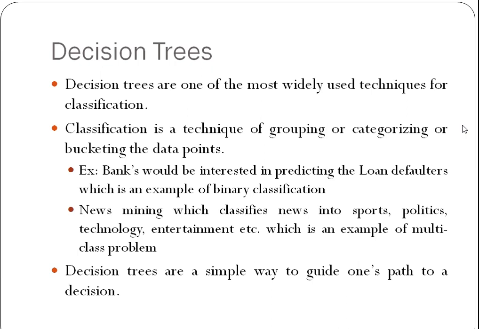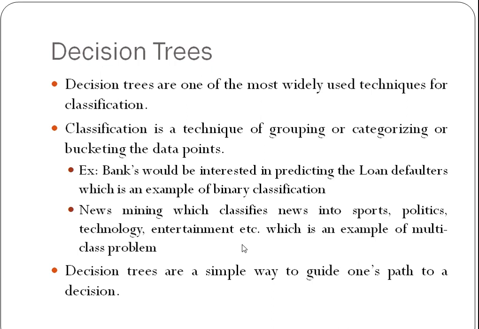Multi-class means you will group into different classes. For example, let's say you are doing news mining. You go through the different kinds of news and want to classify it as sports, politics, technology, entertainment. Based on your requirement, you can classify into different classes. So you can do either binary classification or multi-class classification.